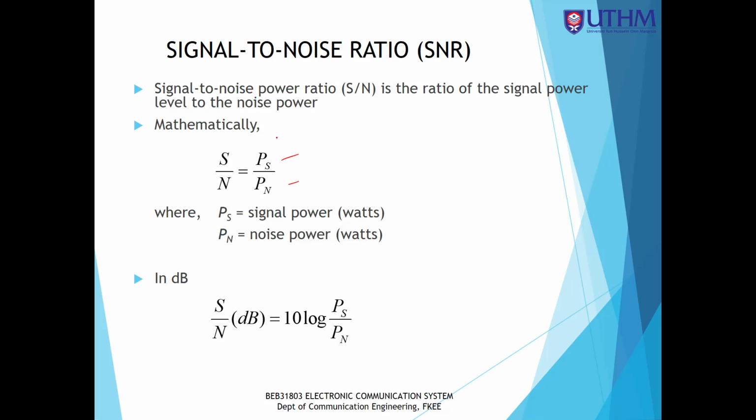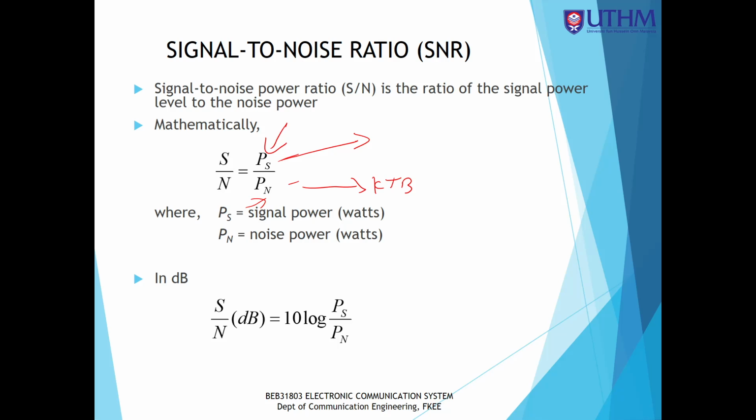Apa itu signal power? Nanti kita akan lihat. This is your signal, your transmitted signal or your received signal. And this is the noise power. Ini yang PN, yang you belajar tadi, KTB. So PS is a signal power, your signal, signal yang digunakan untuk transmission.